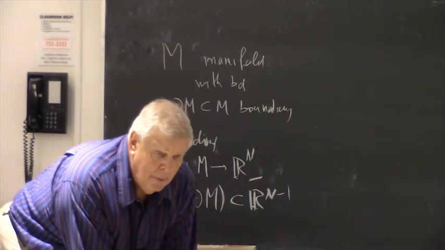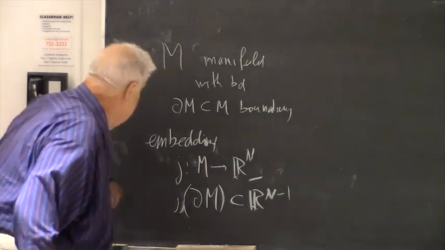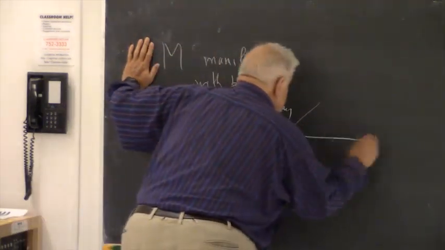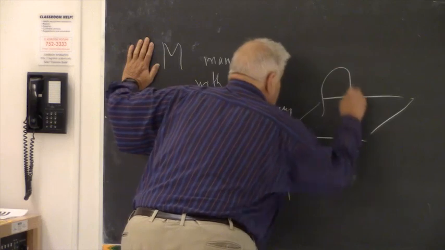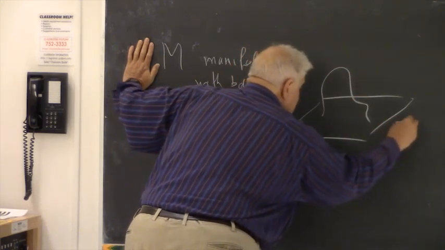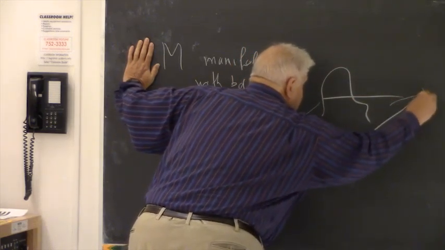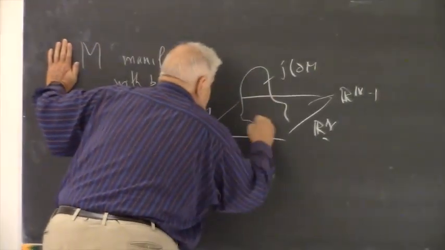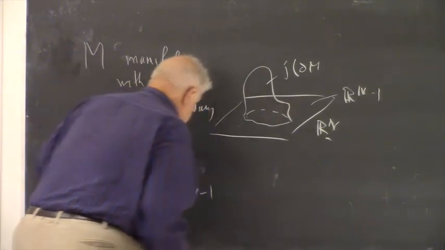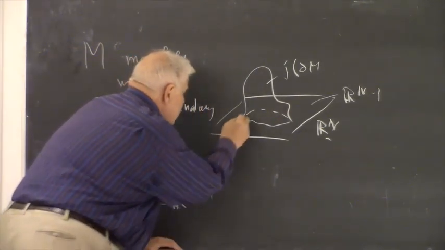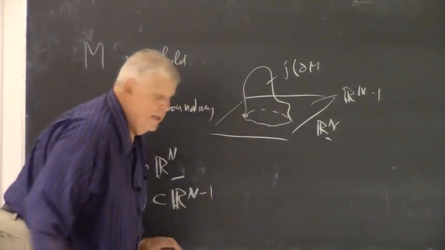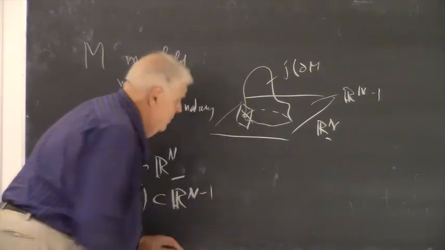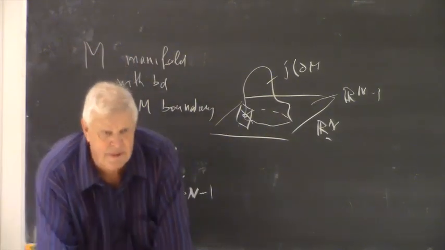Actually, we can do slightly more. Namely, we can assume that the whole manifold, this is R^n minus, this is R^(n-1), this is the embedded manifold, and we can assume that at the boundary points, the image of the tangent plane is transverse to this boundary, even perpendicular.